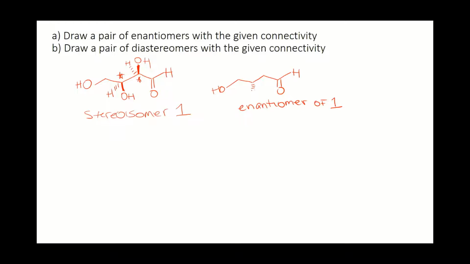So the OH here, the hydroxide, is going to go back. You can put the hydrogen or leave it out. And then the OH here is going to go back, and again, put the hydrogen or leave it out. So if I invert every chiral center, I have drawn a stereoisomer of my stereoisomer of reference. That's stereoisomer 1.